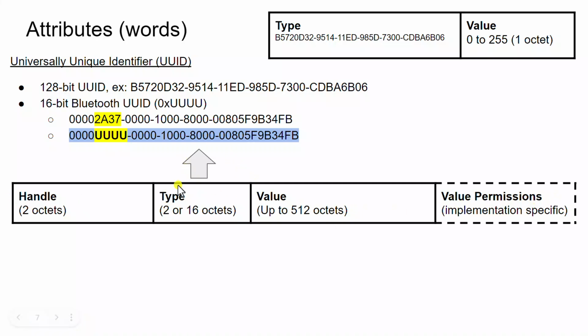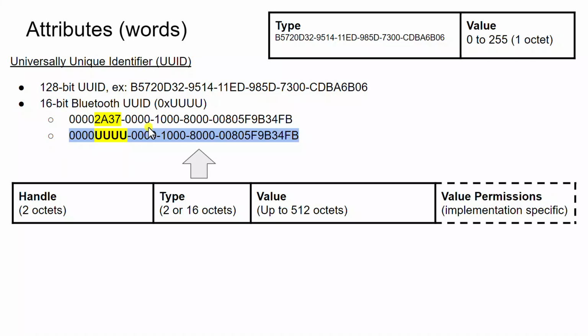But we just reviewed the type, and to add a couple more details about this. I'm showing the full 128 bits. Often in the Bluetooth world, you'll only see 16 bits, so that would be 4 of these hexadecimal digits. And when you see that for the type, that's a very special UUID, and the UUID will always have the form in blue.